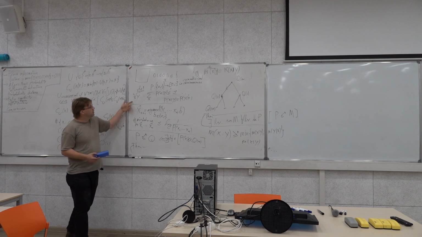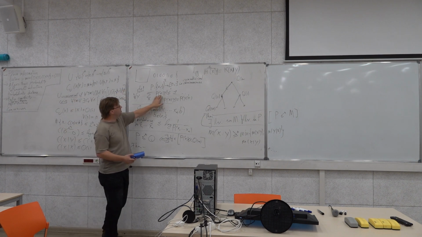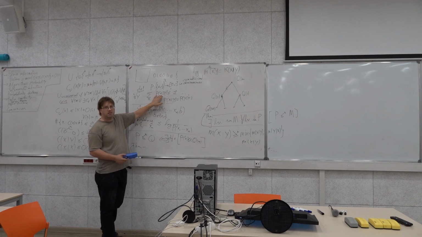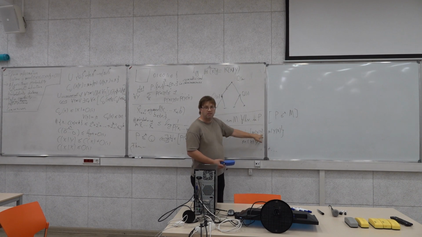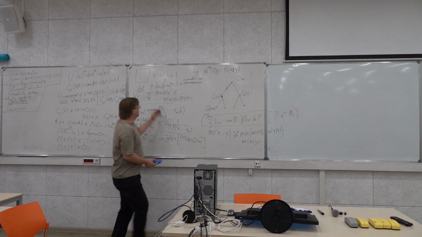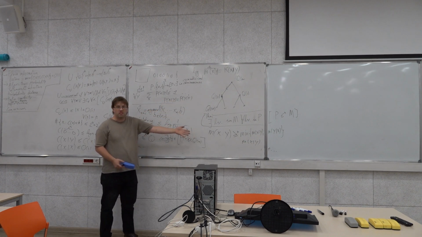So the minimum, when we sum over x, we know the minimum is smaller than m of x given y. So when we sum over x, we get the sum condition just from the first term of the minimum. And it's symmetric by definition.